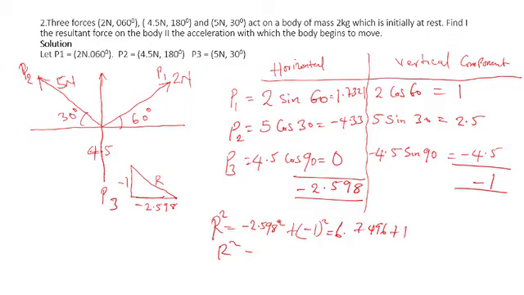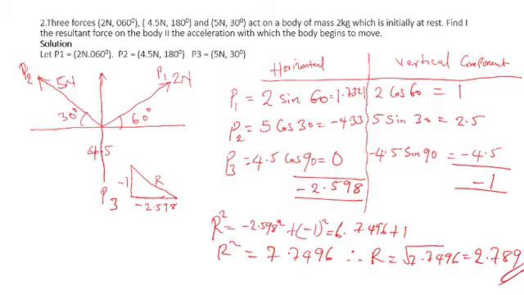So R squared, if you add this, gives you 7.7496. Therefore our value of R is the square root of 7.7496, which is equal to 2.789. Now the resultant here is 2.789.